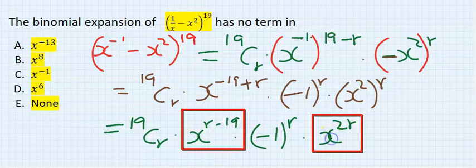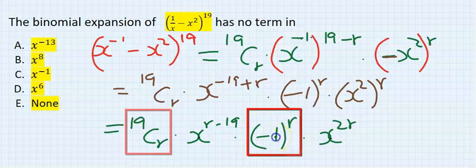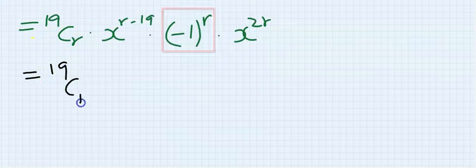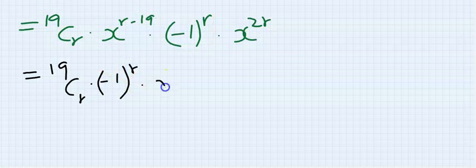This x and this x can be brought together. So you're going to have here 19 combination r. This one, I will bring it here because I'm expecting a number. Then x to the power of r minus 19, and x to the power of 2r.